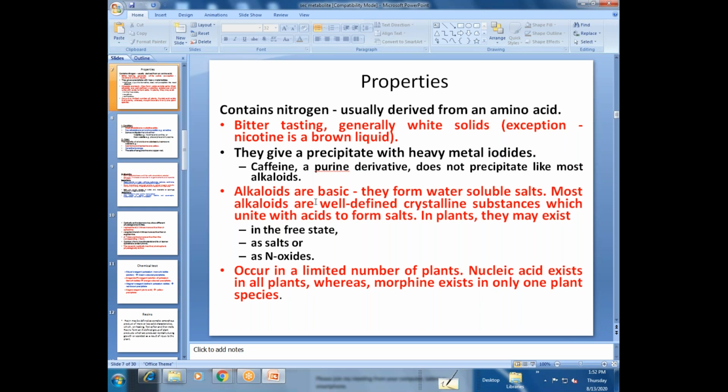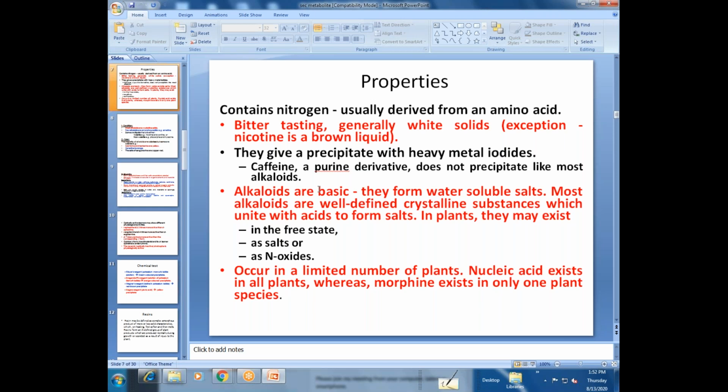It is a major property of alkaloids. So by using this property only, we check whether it is an alkaloid or not. That's why a pseudoalkaloid does not give a test for these heavy metal iodides or the tests for alkaloids. For example, caffeine.